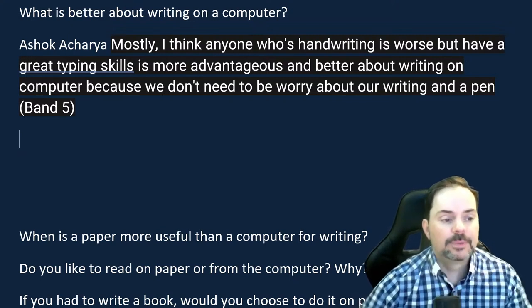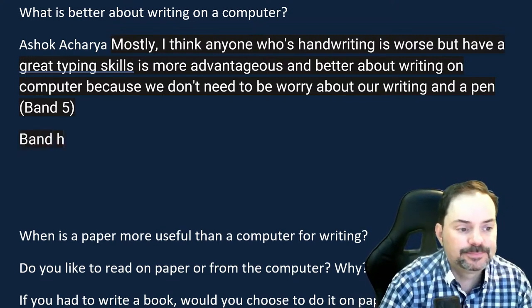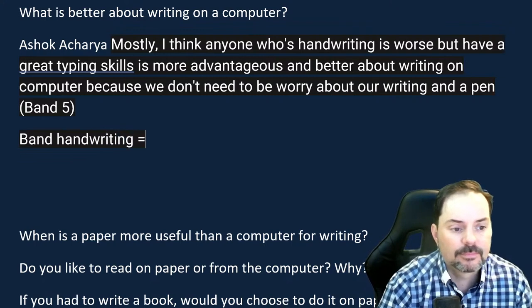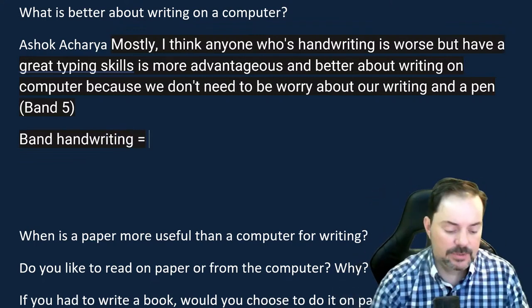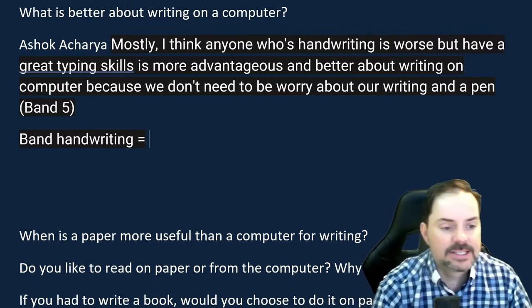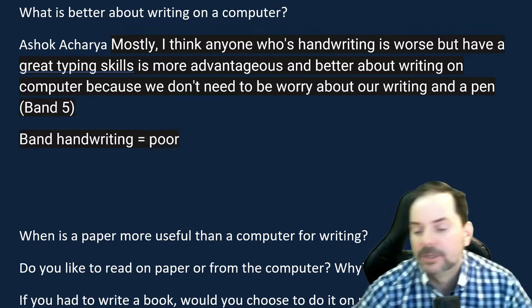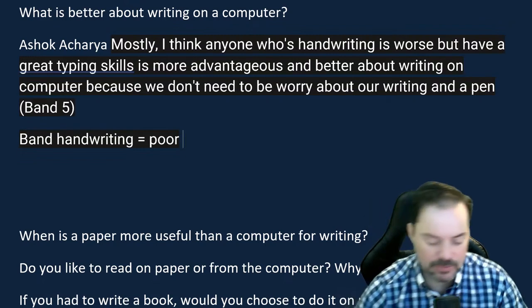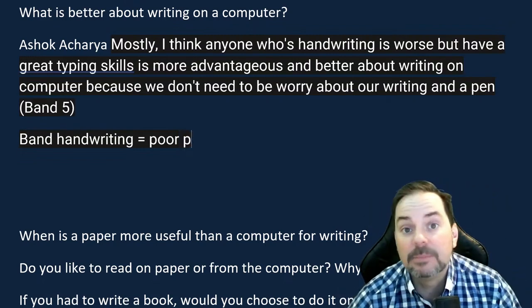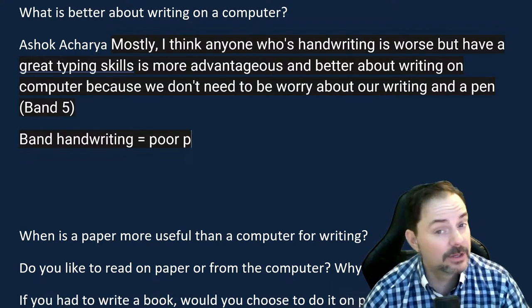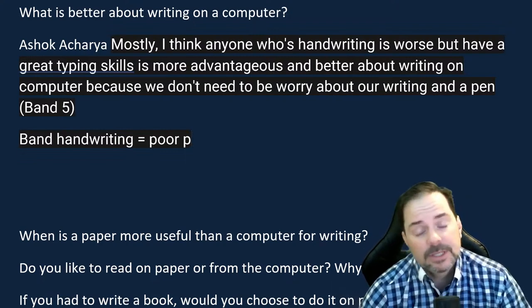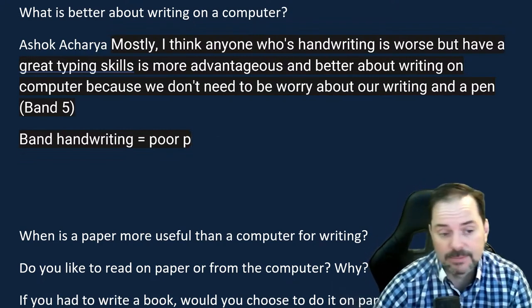Okay, bad handwriting. What do we call that? So there's another way to say that with more advanced English. It's called poor what? Starts with a P. Let's see if anybody knows this vocabulary. Again, having good vocabulary definitely does help your coherence, but it's not just about good vocabulary.